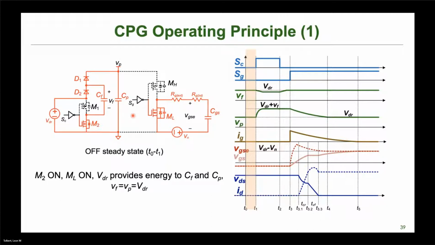Initially, before we try to drive this, the lower switch is on, so we're connected to the negative voltage and our main power device is off. What we're going to do is charge up these capacitors here, CP, CF. So we're charging these up so that we're getting ready to use the energy we store here and dump that into our gate drive, just like we did with the inductor. Remember, with the inductor, we charged it up and then dumped it in. Well, in this case, we're using capacitors.